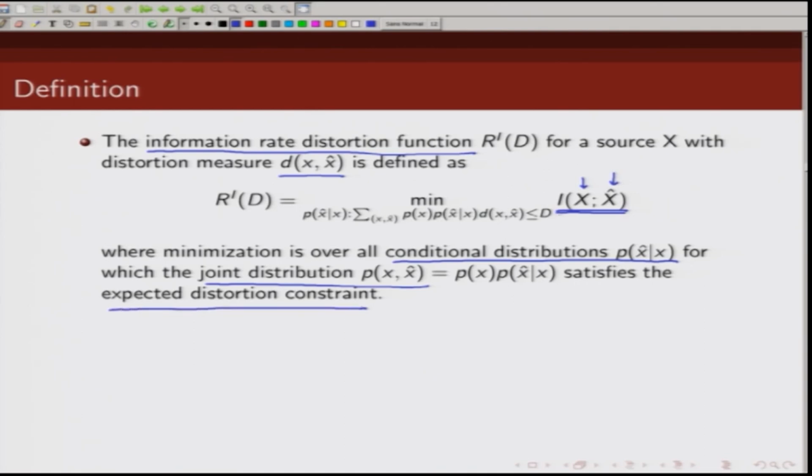So for this information rate distortion function, we minimize this mutual information between X and X hat, and this minimization is over all conditional distributions p of x hat given x, such that over this joint distribution p of x, x hat, this expected distortion constraint is satisfied.